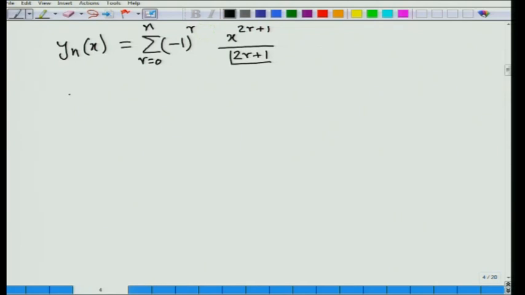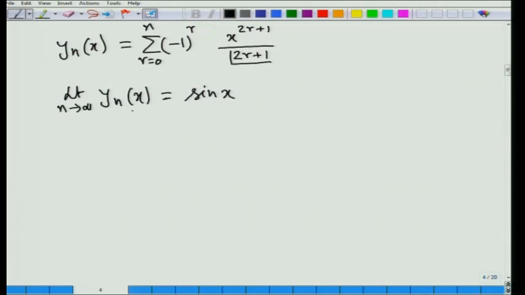And finally, the limit n tends to infinity of y n x is equal to sin x, because here y n x is the Maclaurin series of sin x up to n terms, and therefore this series converges uniformly to the function sin x.